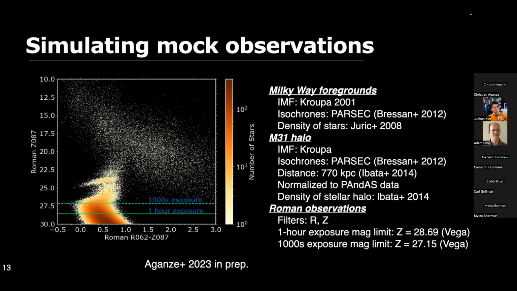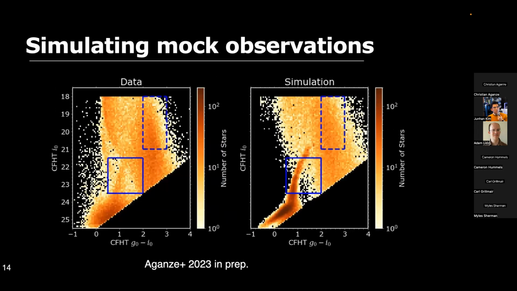For a 1 hour exposure, I'm showing limits on the CMD of about 28.7 magnitude. And then we scale this number to what we observe in PAndAS. So PAndAS has observed them for a while, so we just look at what that looks like. However, PAndAS looked in I and G, so we just scale that correctly.